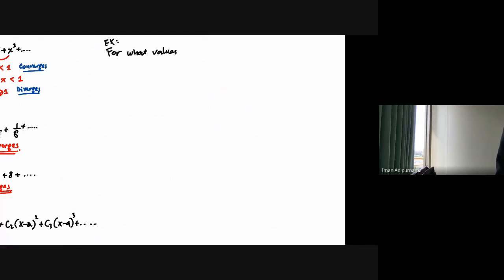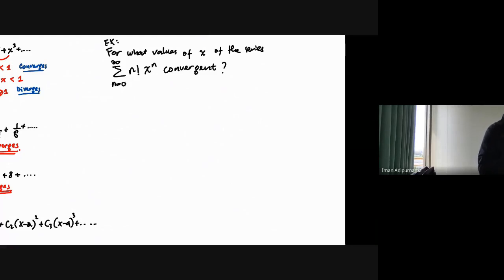So for what values of x? Let me try one more time here, of the series n factorial and then x to the power of n. And here, same thing, we go to the ratio test.